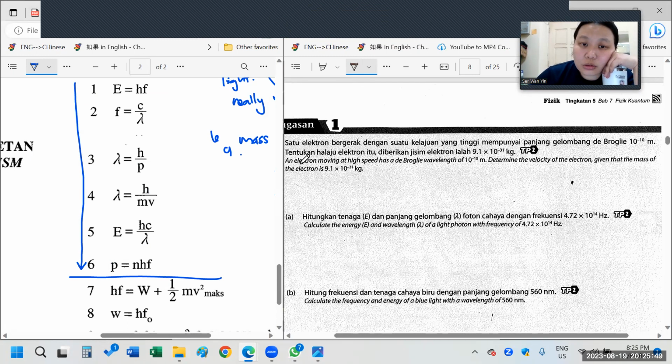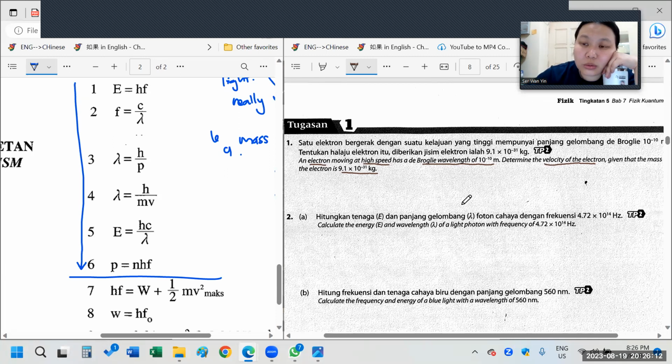An electron moving at high speed has a de Broglie wavelength of 10 to the power of -10 meter. Determine the velocity of the electron given that the mass of the electron is this. So what do we want?